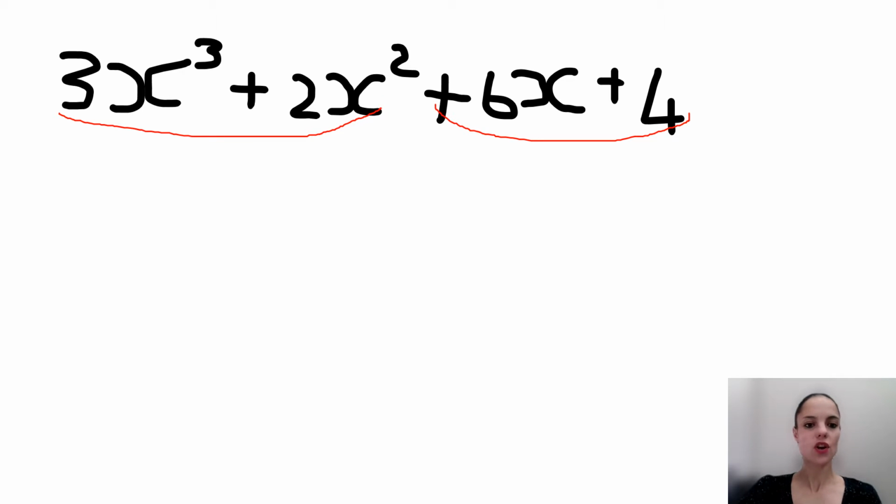Now, let's start with this one. 3x to the power of 3 plus 2x squared. What is the common factor that we can take out? We can take out an x, but an x to the power of 2. Now all that is left is to see what stays behind. The 3 stays behind, and also an x.